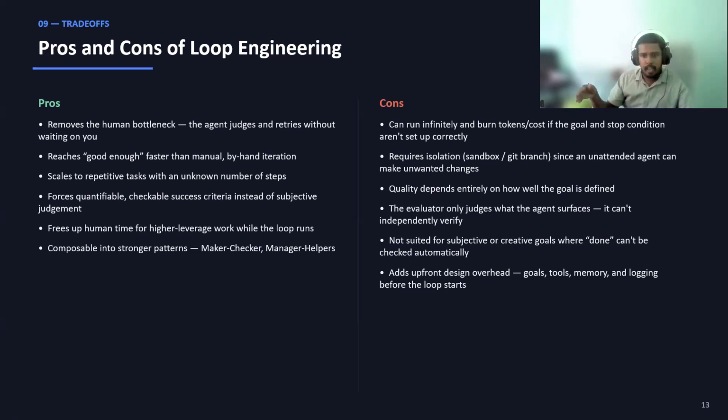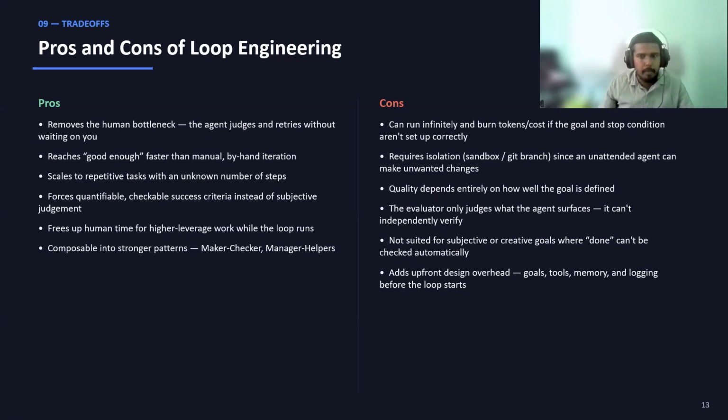And as we are handing this task over to the agent, it is advisable for users to use a separate isolated environment for the agents. The quality of the output is always defined by the goal that we have defined. And loop engineering also depends on the number of tokens.